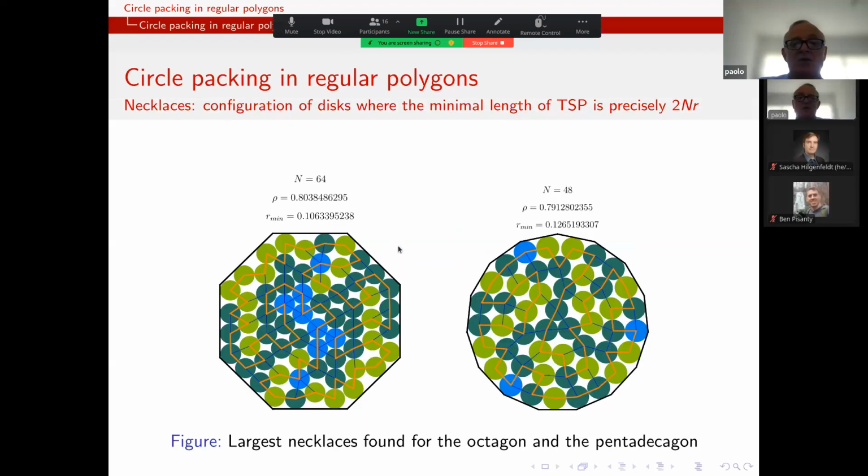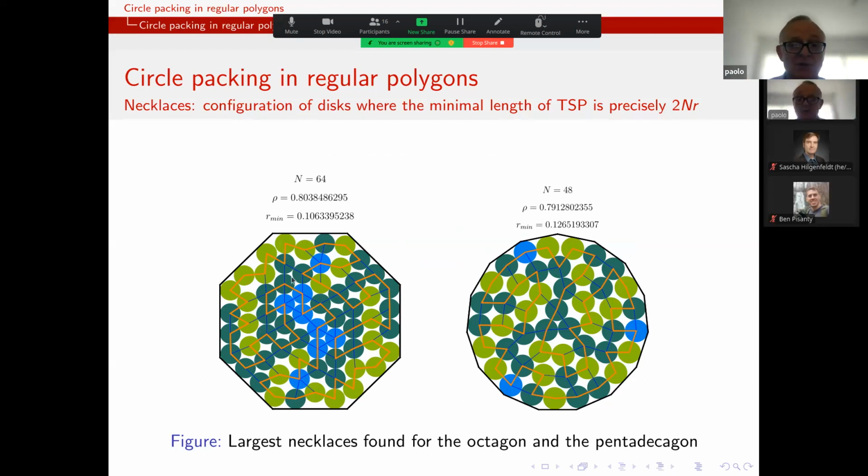Okay. So another interesting feature is that there are configurations which I call necklaces, configurations in which you can do a traveling salesman problem and end up with a closed contour that has precisely the length of 2nr. It's like you were actually putting a necklace inside the container. This is a kind of rare configuration.